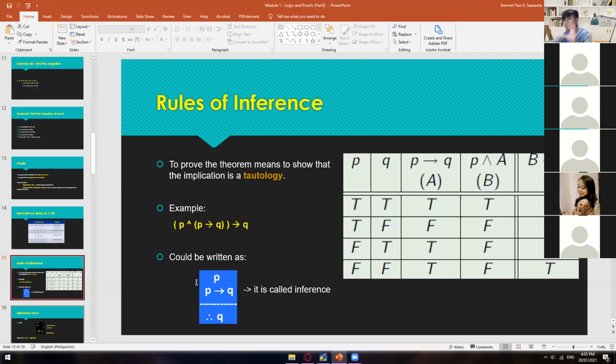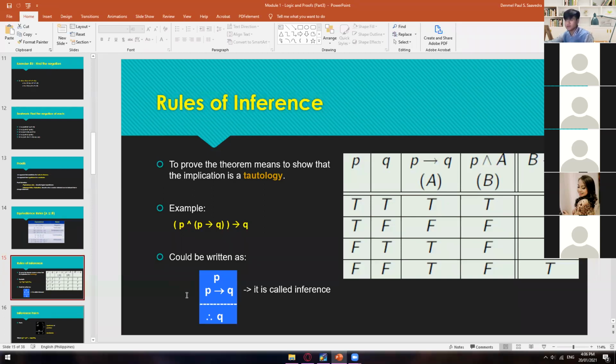The only thing that can make that hypothesis false is another hypothesis. So if there is no other hypothesis saying that this one is false, then we assume that negated P is actually true.